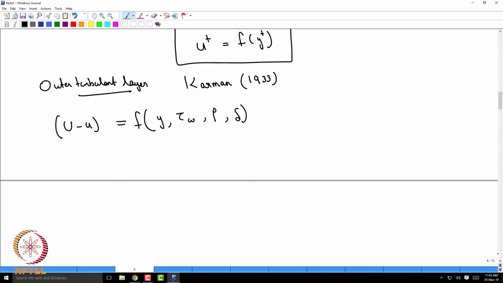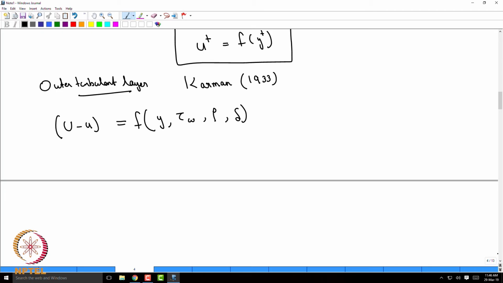So, we are really finding out what is the difference of that layer compared to the outside layer. It is just that difference, and it would not make any difference if you were to write it in terms of u, but this is the way he suggested it. And therefore, this is called a defect law. Basically it is how much is that difference.